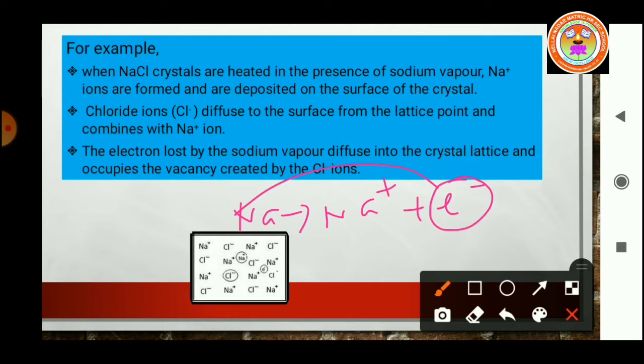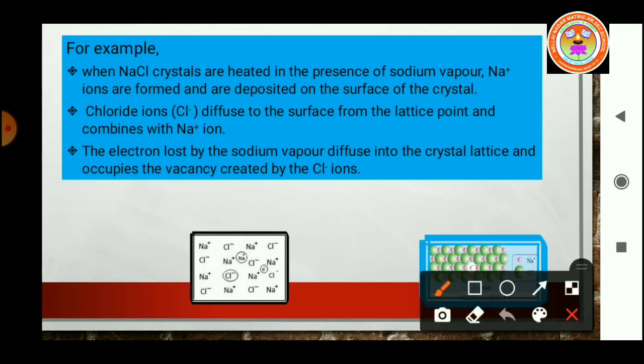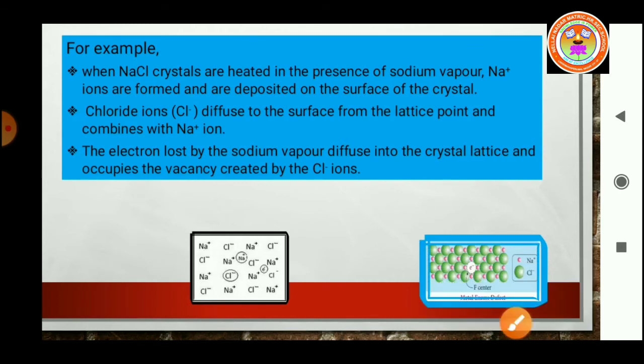Okay, let's see the diagram. This is clearly indicated. Yes, the green ball indicates Cl minus. In the crystal, Cl minus is missing, because Cl minus combined with Na plus to make an NaCl crystal. So the vacancy of the anion is balanced by the electron.